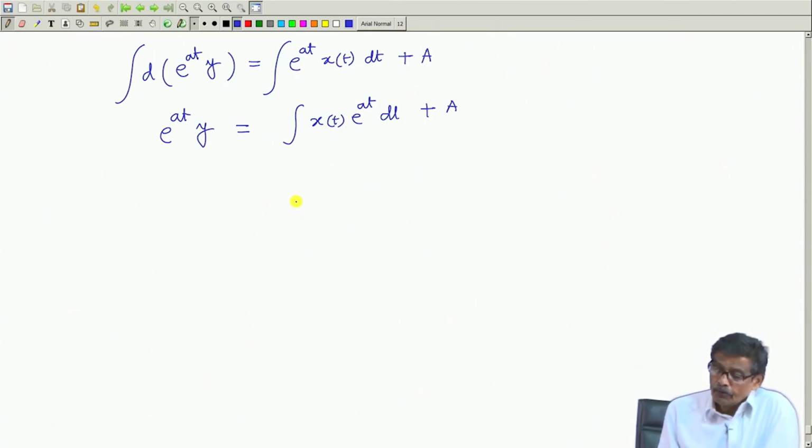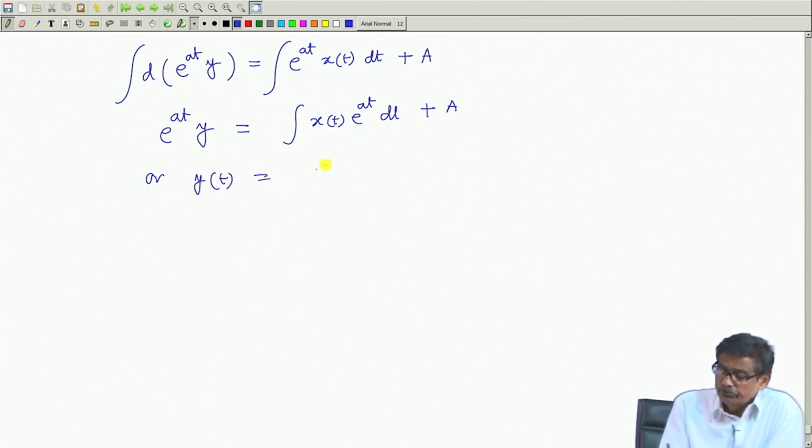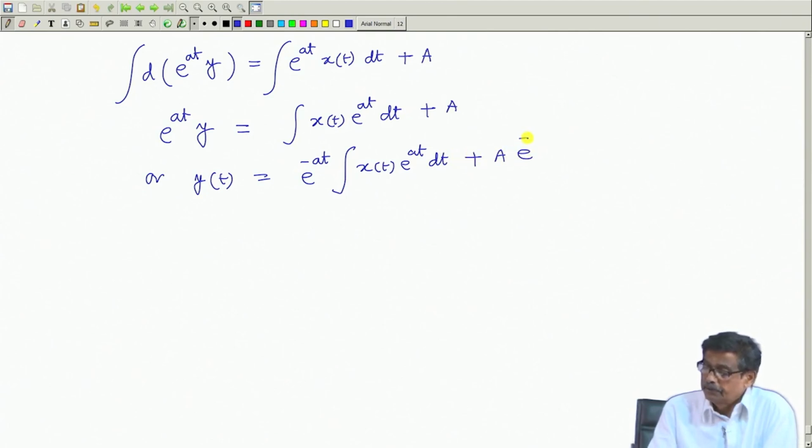So, y t will be, multiplying both sides with e to the power minus a t, the integration of x t e to the power a t into dt plus A into e to the power minus a t. This is the thing.